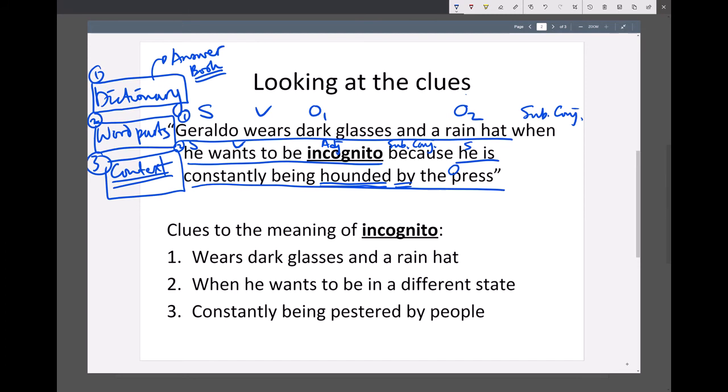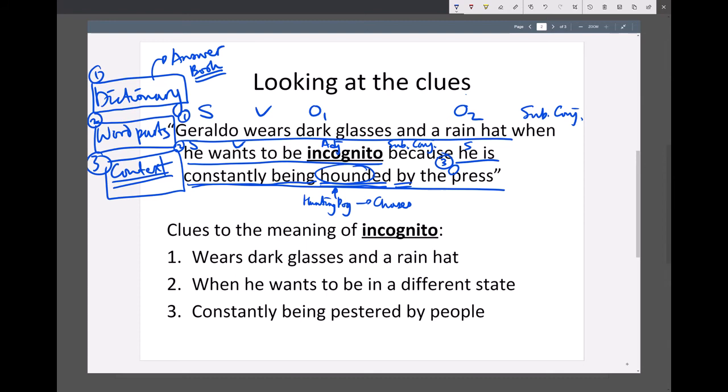You might know the word hound, like a dog, but this is like a hunting dog, a hunting dog that doesn't let go, is chasing after something. So he feels he is constantly being chased by the press. So that's clause 3.